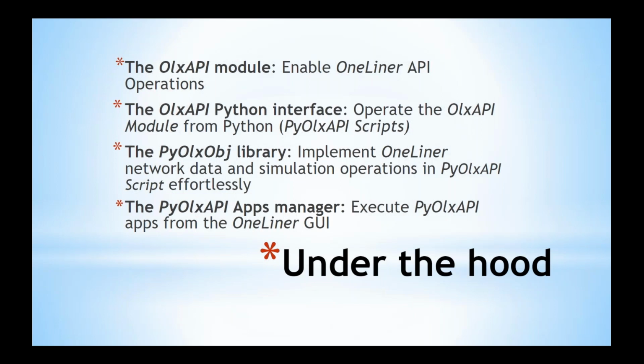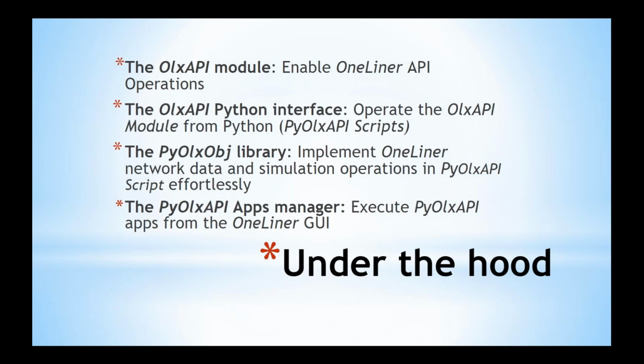So if you install OneLiner version 15, then that module is on your computer, ready. And what is that module supposed to do? It opens the OneLiner operation to other programs through a so-called API, which stands for Application Programming Interface.